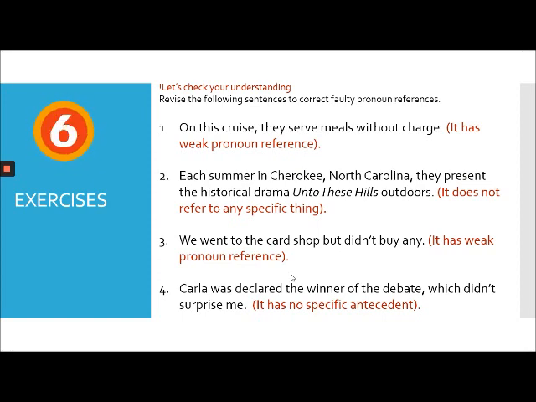I'll give you 10 seconds for each sentence, and you have to revise each sentence to correct faulty pronoun reference. For number one, on this cruise, they serve meals without charge. For number two, each summer in Cherokee, North Carolina, they present the historical drama Unto These Hills outdoors.